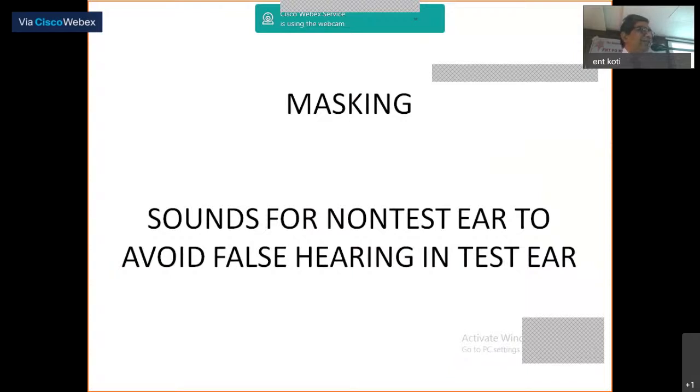You want to take history from the patient, and the attendant is trying to do something. So how do you mask that attendant? Keep a thermometer in the attendant's mouth. Then you can talk to the patient leisurely, to your heart's content. That is masking. So it is delivering noise to the non-test ear so that the sounds meant for the test ear are heard only by the test ear.